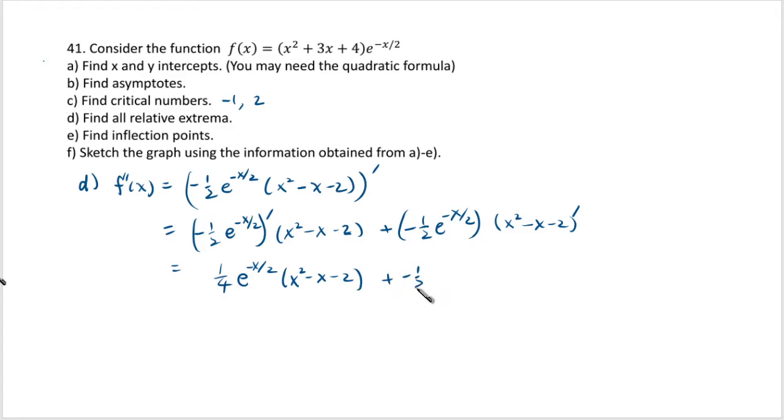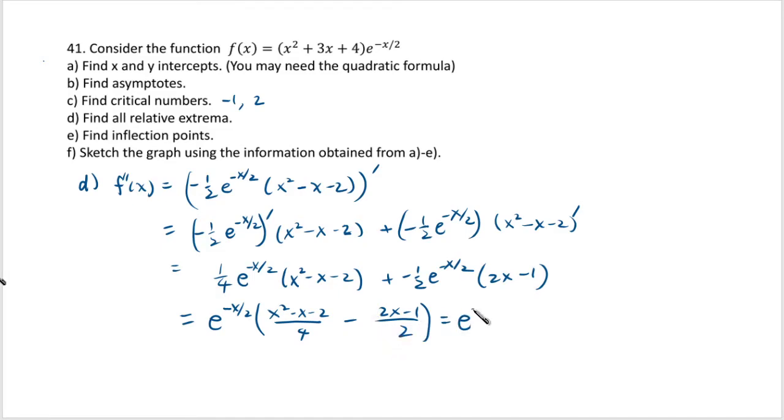On the other hand, this differentiates to 2x and then minus 1. Okay. Now let's factor out the e to the negative x over 2 like before, and you're left with (x squared minus x minus 2) over 4 minus (2x minus 1) over 2. Again, we like to use common denominators, multiply 2 top and bottom, and you get e to the negative x over 2, and you get x squared minus x minus 2.